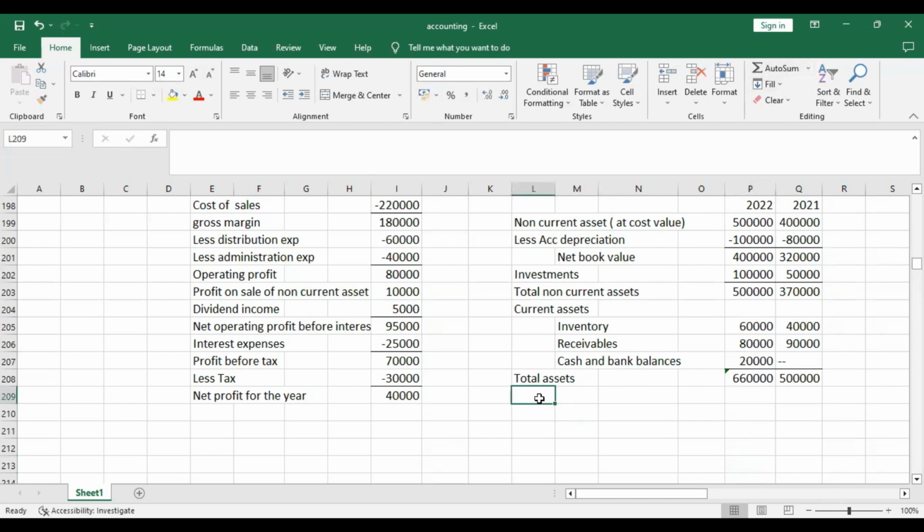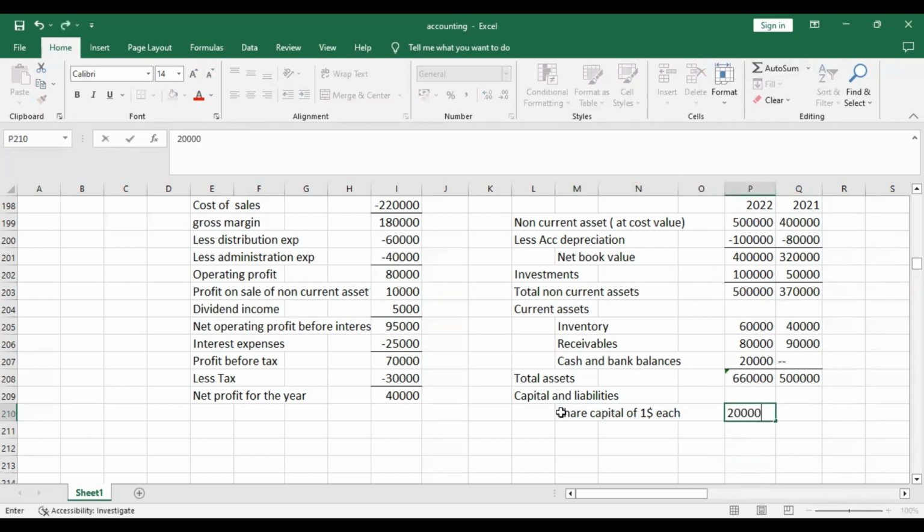Now capital and liabilities. How much is the capital and liabilities? In that, share capital of $1 each: it is 200,000, 2 lakhs, and 150,000, 1,50,000.